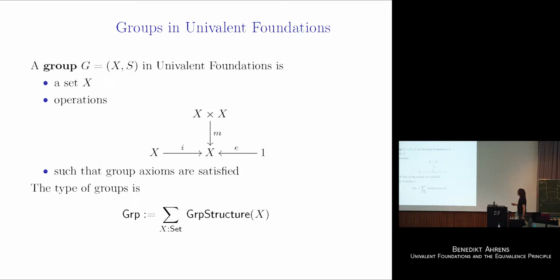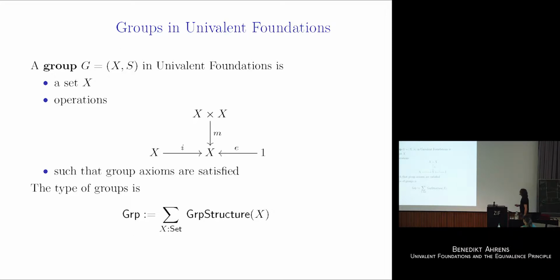A group G is a pair, with components X and S, of a set X and operations, the typical group operations, multiplication, inverse, and unit element, such that the group axioms are satisfied.